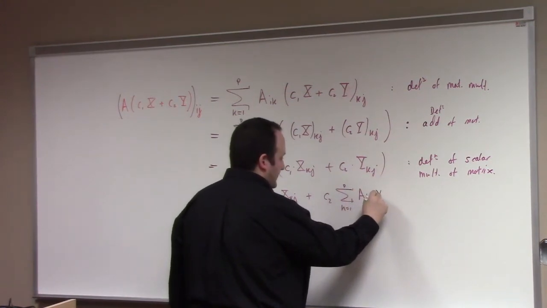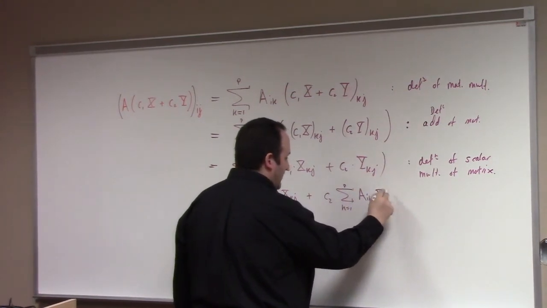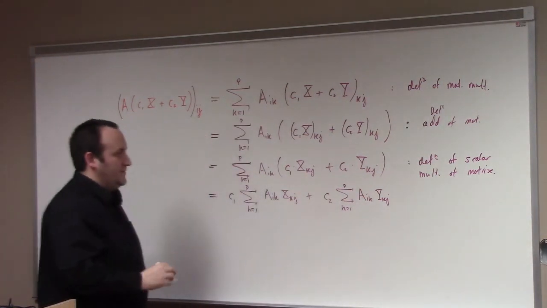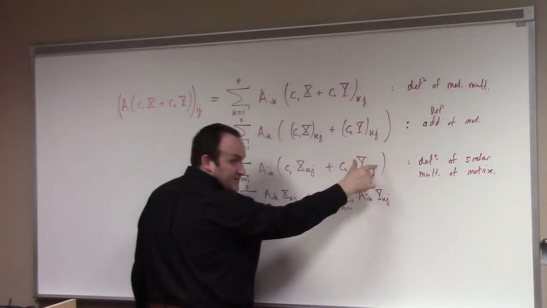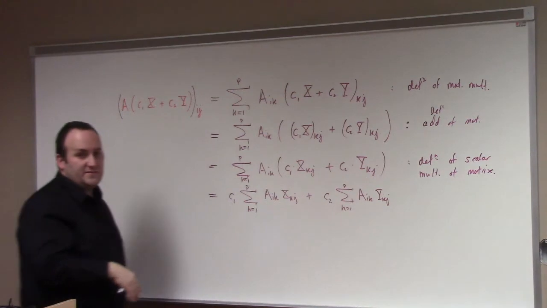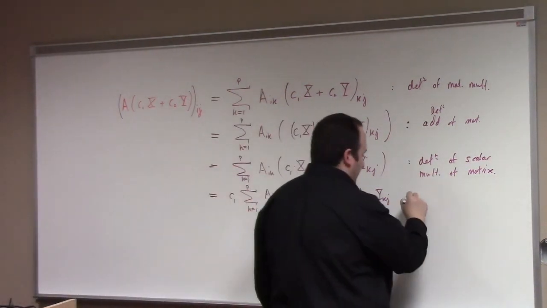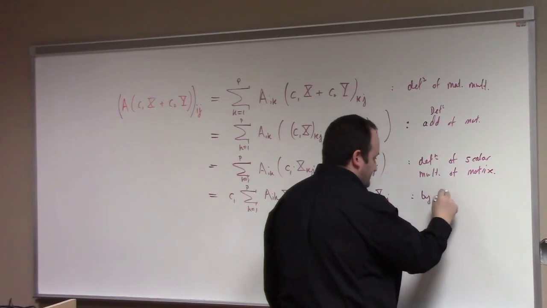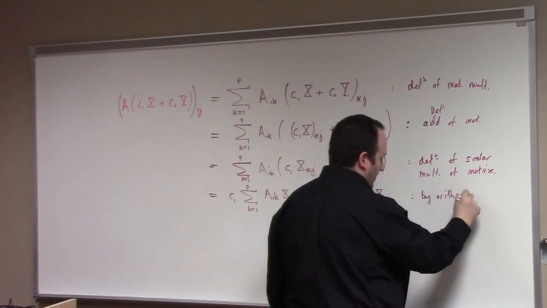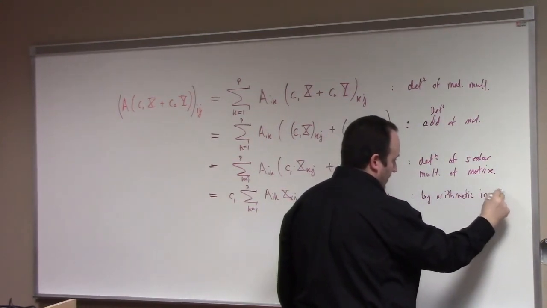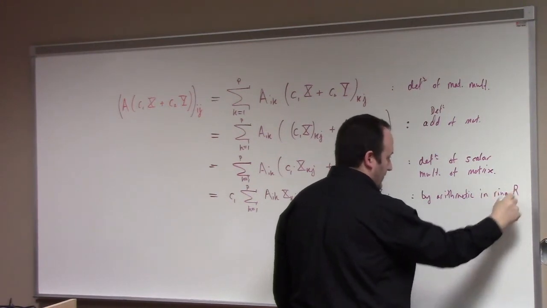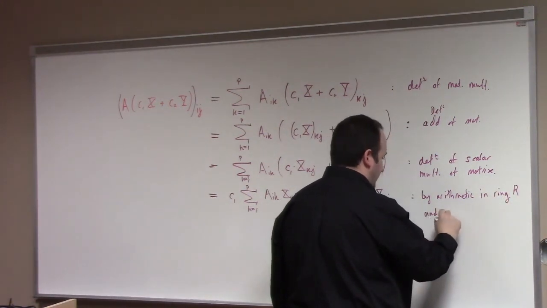Now, admittedly, I kind of skipped a step right there. I hope you don't mind, because I've run out of board. I mean, we could distribute it in here first, right, and then use properties of finite sums. So I'll summarize what this is: by arithmetic in the ring, and properties of finite sums.